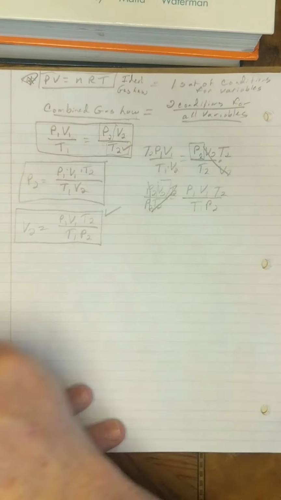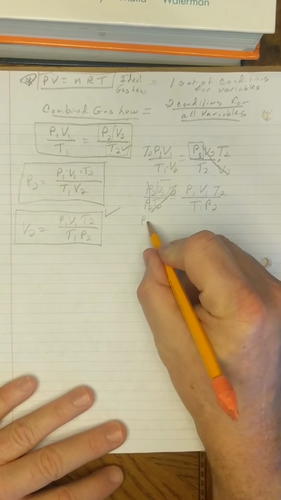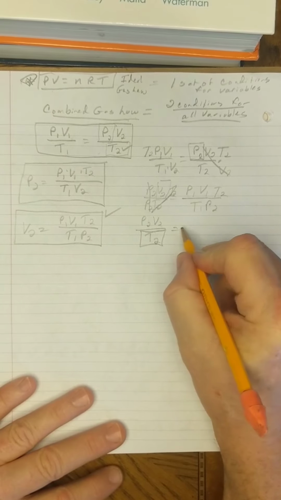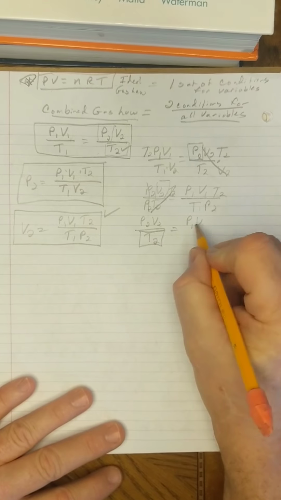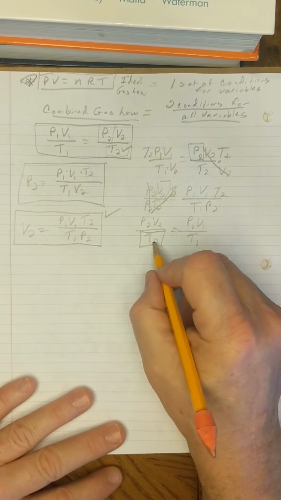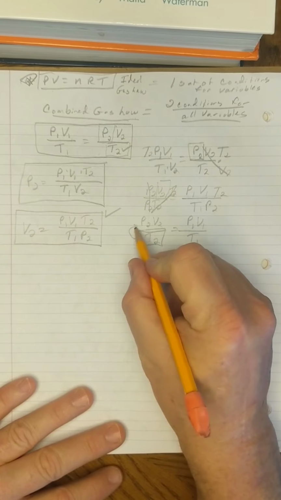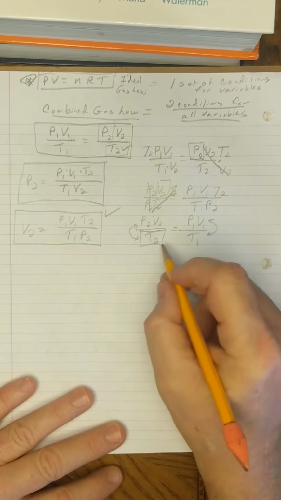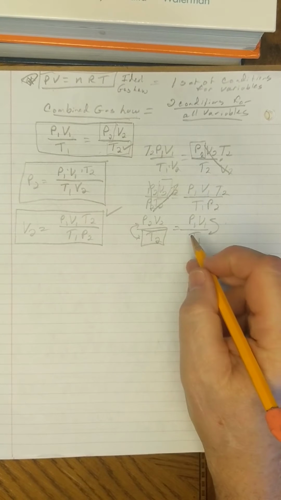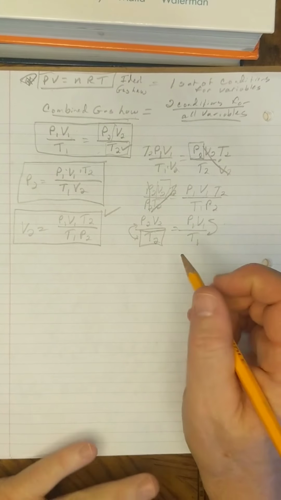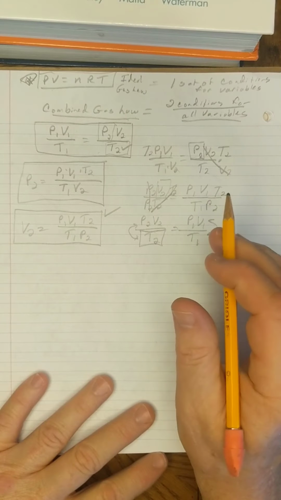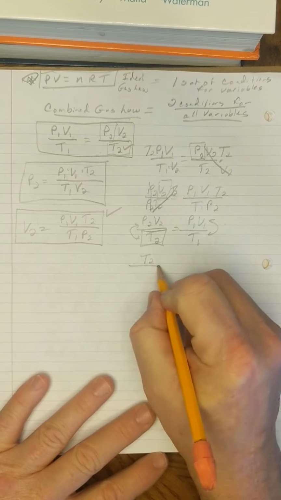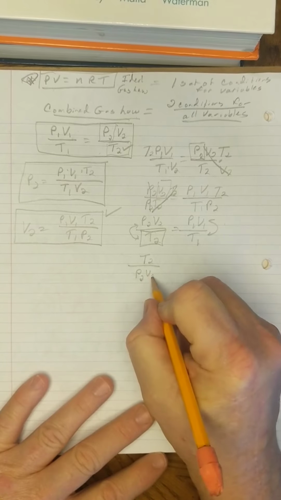The problem is V2 is on the denominator. So if I want to solve for T2, I need T2 to be off the denominator. So what I'm going to do is invert both sides. That's the quickest thing you can do. I could multiply both sides by T2 and T1, the old cross multiplication, but generally teachers teach that to weak algebra students. Let's put T2 up top, and then P2V2 will be on the bottom.